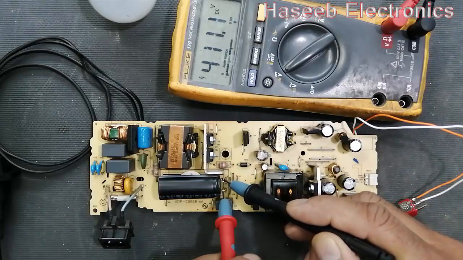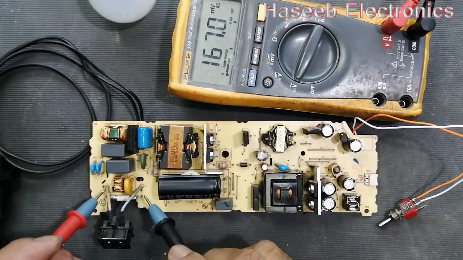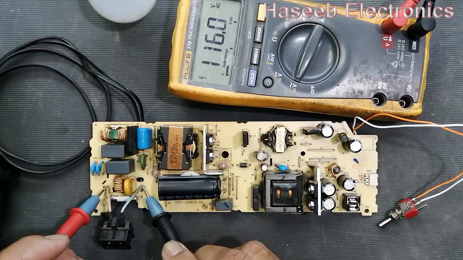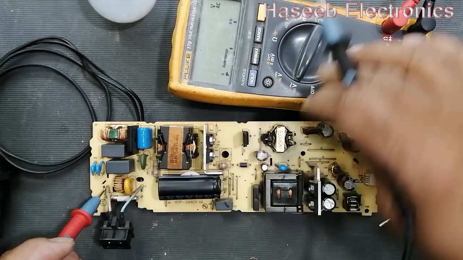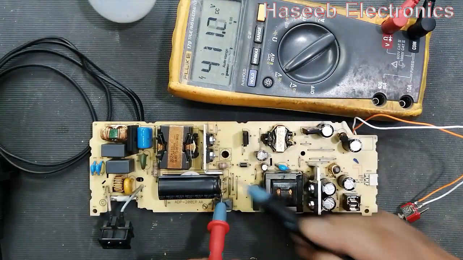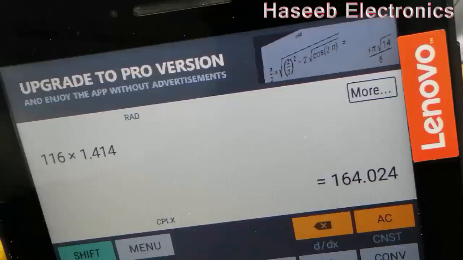Here 410 volts, and at input the same 116 volts. As per calculation, we should have 164 volts, which we calculated here.